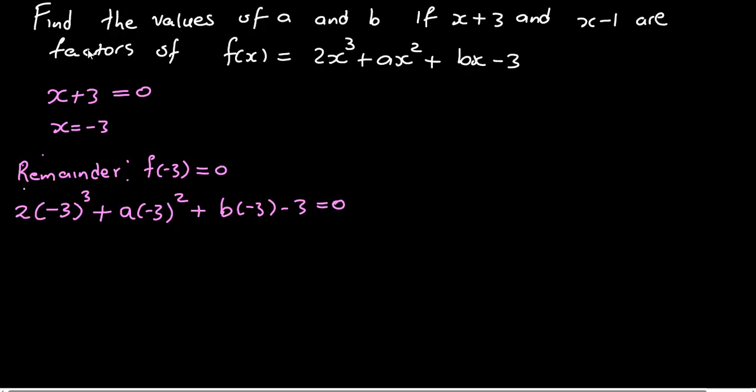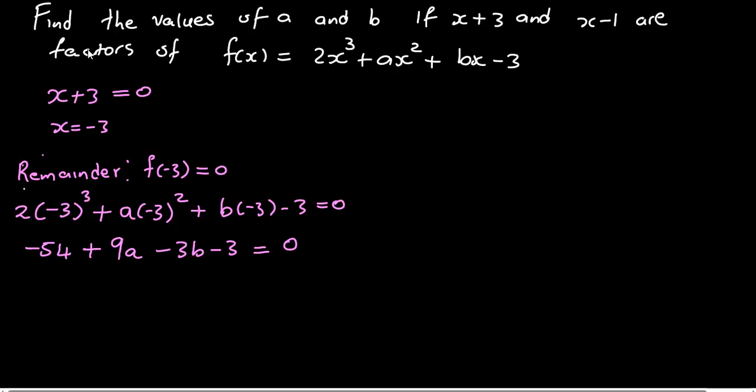The first term is minus 3 to the power 3 times 2, which will give us minus 54. We add a times minus 3 squared, and minus 3 squared is 9, so this will give us 9a. Then we say minus 3b minus 3. Let's equate this to 0. Do we have like terms that we can add?